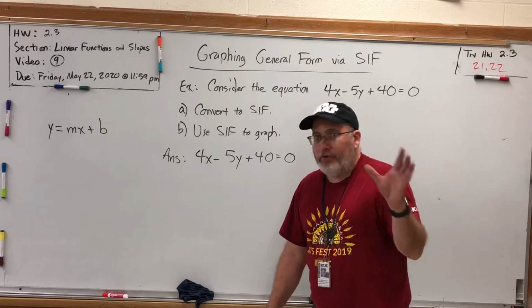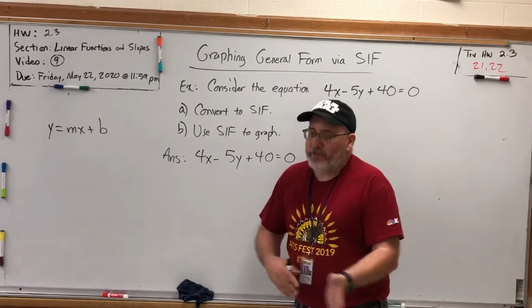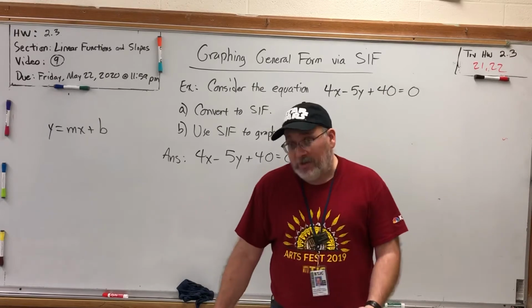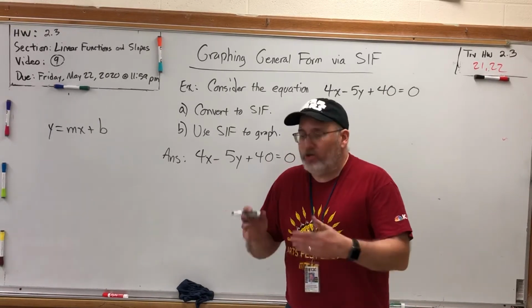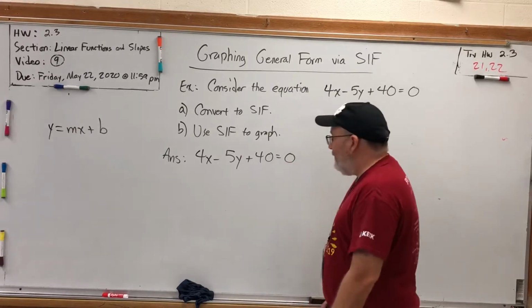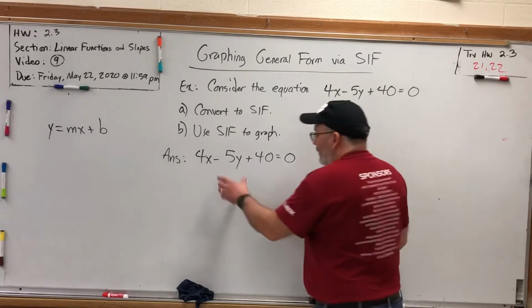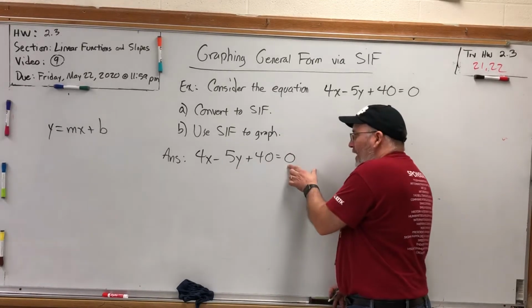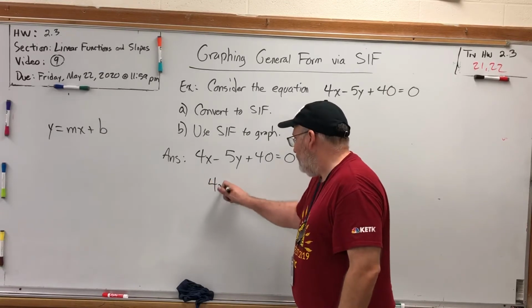Don't get me wrong, both are correct and both will eventually work, but when you're navigating through a math problem, you have choices sometimes, and some choices are better than others based on what they do or don't create. I would like to minimize the number of negatives I have to deal with, so to get the y by itself, I'm actually going to move the negative 5y instead of moving the 4x and the 40. So we'll leave the 4x and the 40 alone.